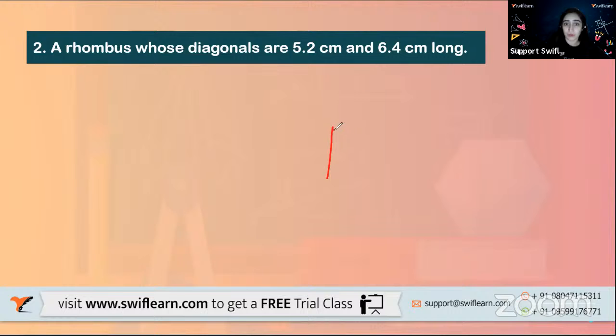So I'll draw a rhombus. Labeling is not given, so I can choose whatever I want. I can take A, B, C, D. So I know the diagonal AC is 5.2 and diagonal BD is 6.4.